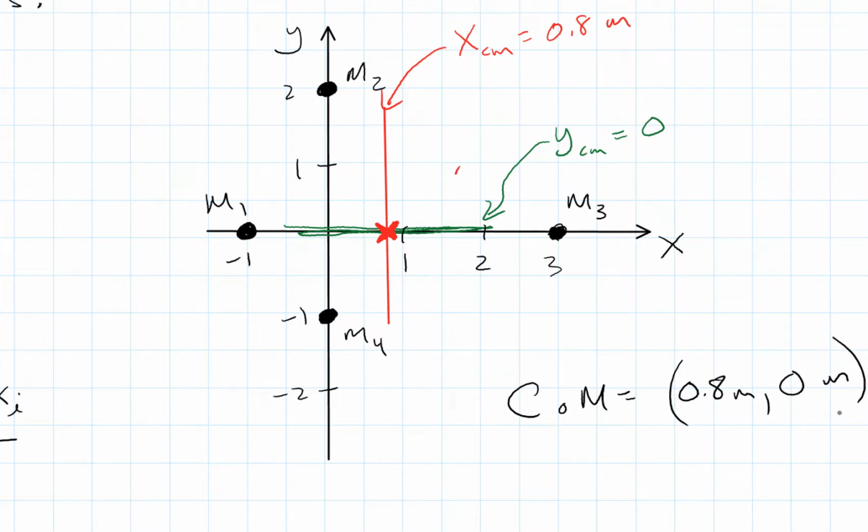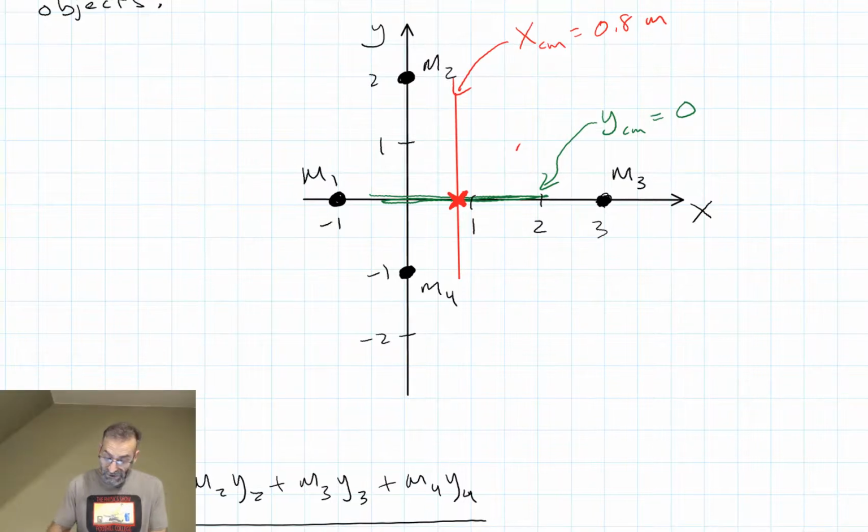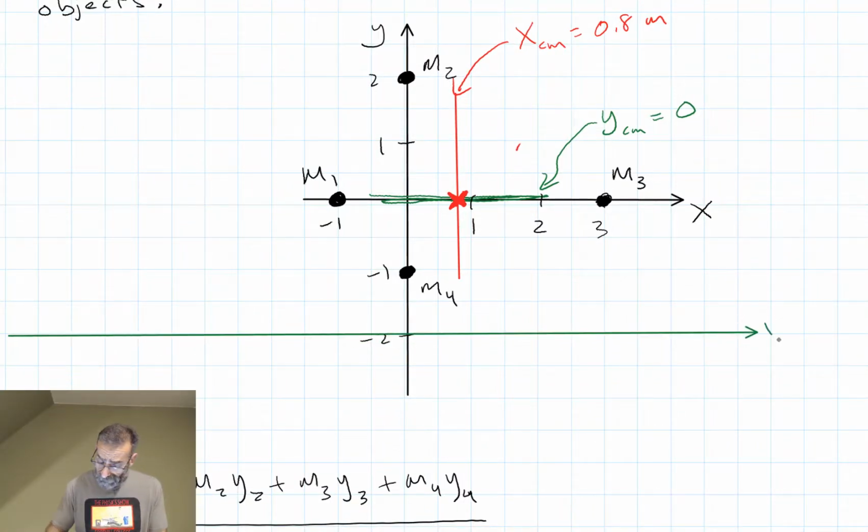One interesting thing about this is that it does not depend on the coordinate system. If I pick a completely different coordinate system, I'll use green, and I'll call this x prime, and I'll call this y prime.